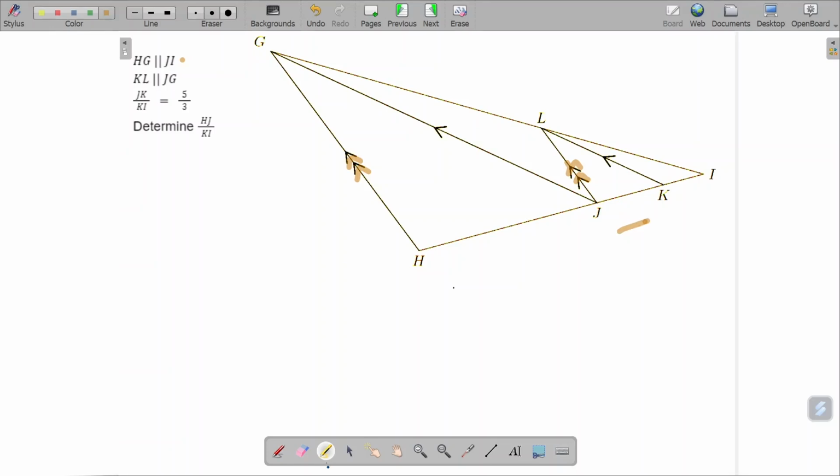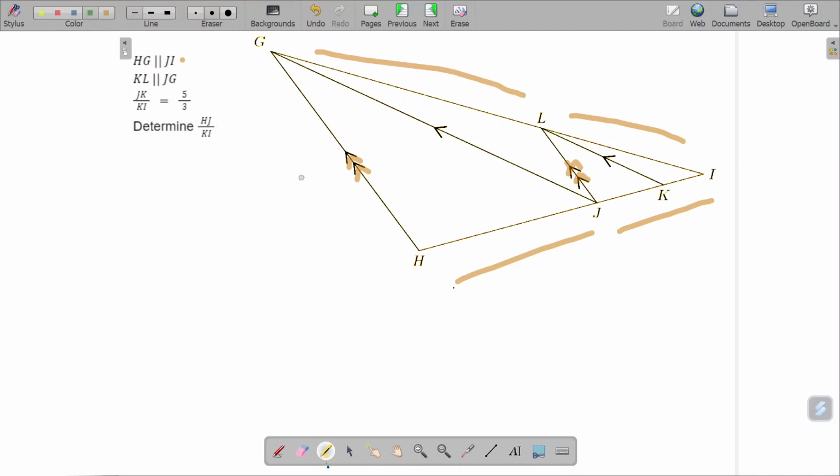Now that we are sitting with the grade 12 theorems, we know that this means that sides are going to be in proportion. So I know that IJ in combination with HJ must be in proportion to IL in combination with GL. However, that's not all they told me.